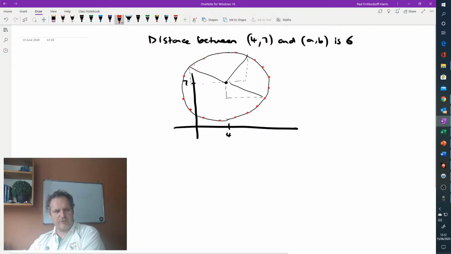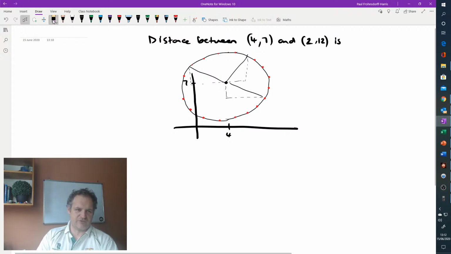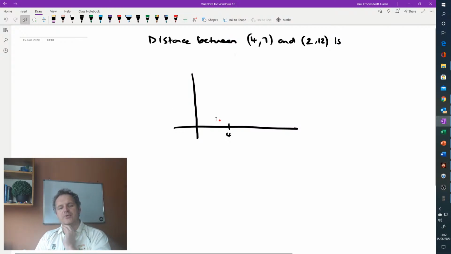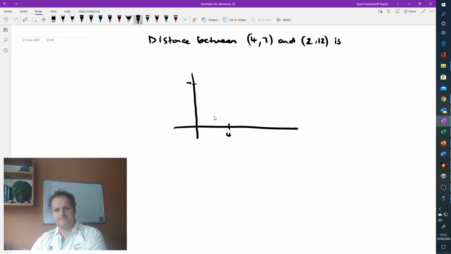But what we're focusing on is, if it then said to us, it didn't know the 6, but it did know the points, 4, 7 and 2, 12, suddenly it changes from being a lots of answers question to a single answer question, because as soon as that's happened, there is only one distance we're talking about, from 4, 7 to 2, 12.